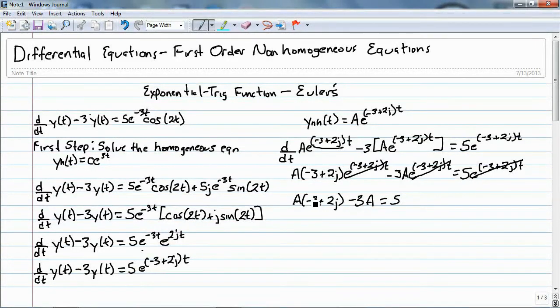And if we use the distributive property and everything, we can get A times negative 6 plus 2j equals 5. So A is going to equal 5 divided by minus 6 plus 2j.